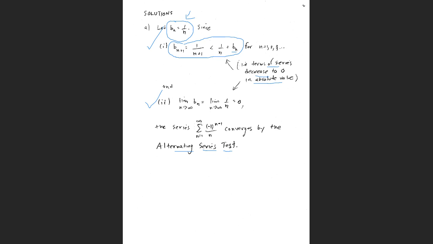The second condition is, do the terms of the series approach zero? And they do. So that is enough, if you have an alternating series, to say that the series converges. It's only because you have this alternating series, where the terms go plus, minus, plus, minus, and so forth, that the series will converge.